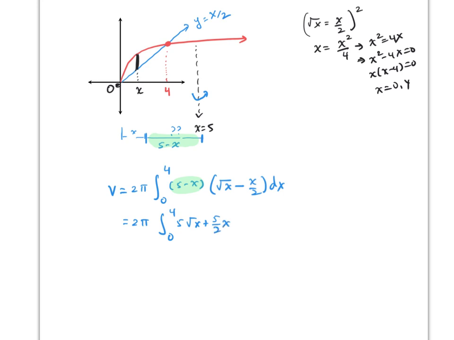Actually, in this case, it would be minus, and then minus x to the 3 halves, and then plus x squared over 2. And then to integrate this is very straightforward. Okay, so that's it for this method.